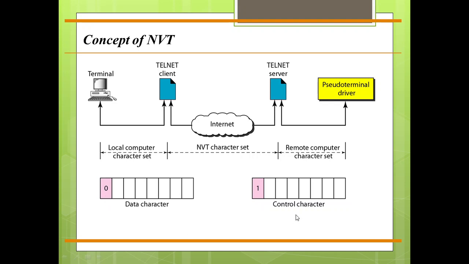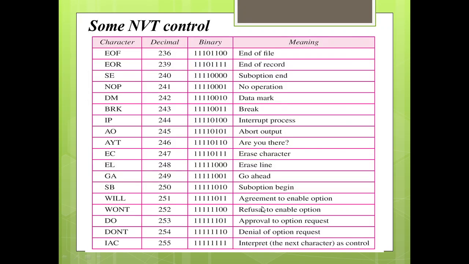And to send the control characters between computers, NVT uses an 8-bit character set in which the highest bit is set to 1. These are some of the NVT control characters which are used. This table has all the characters which are used by NVT.